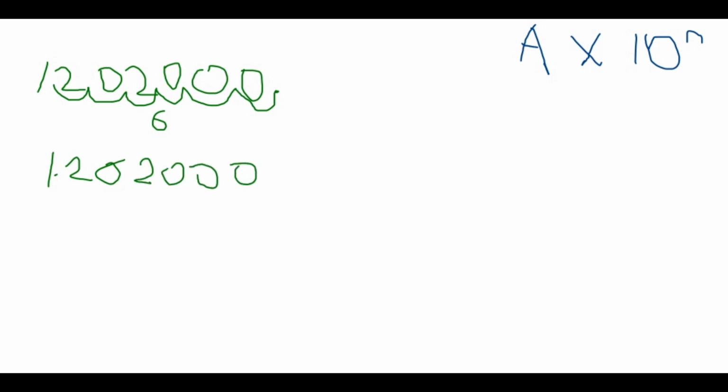Now these 3 zeros here, we can decide to leave them out, but the 0 at the center has to remain because it falls between 2 significant numbers, which is 2 and 2. So we can keep this 0 and get rid of the rest.